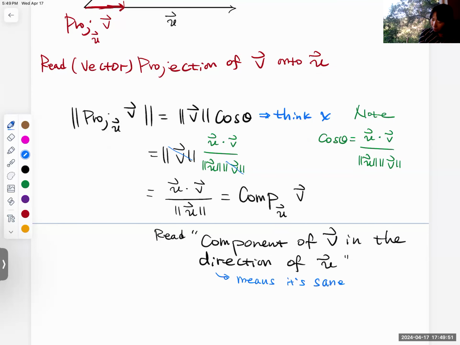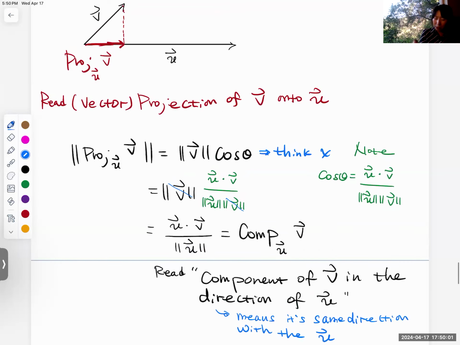Same direction with the u. For example, u goes in this direction, so v goes the same direction too. All right.